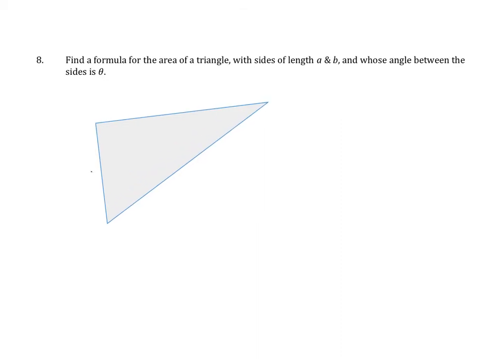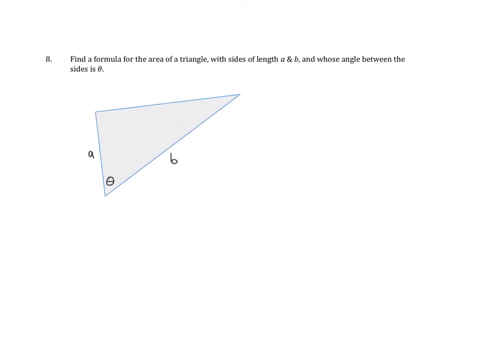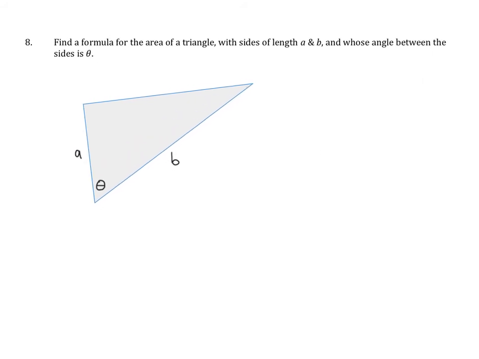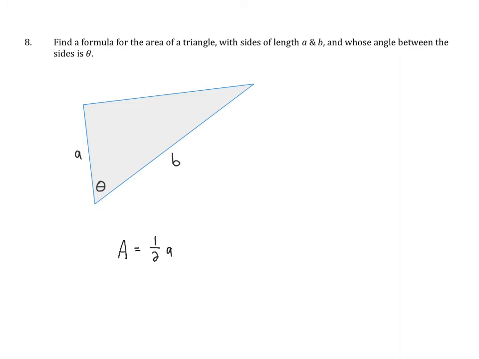Call that A and B, and the angle between those sides is theta. Okay, so there's a formula for this. I don't know if anyone looked that up. It's 1/2 AB sine theta.